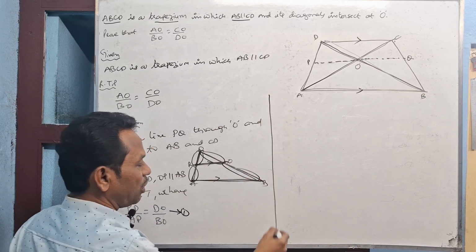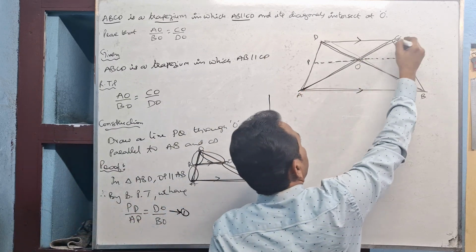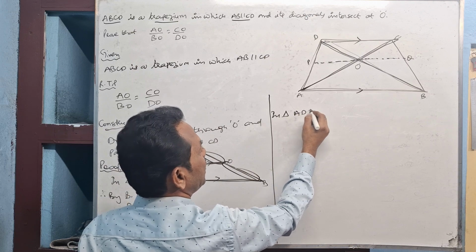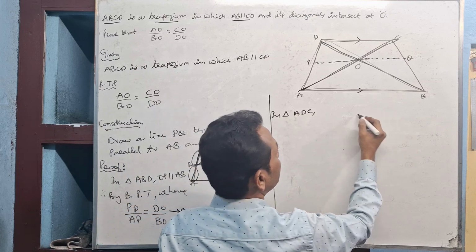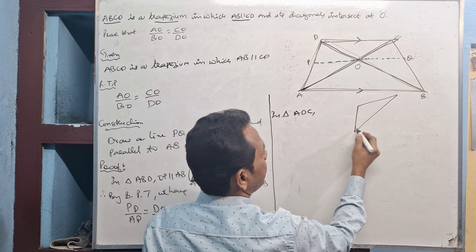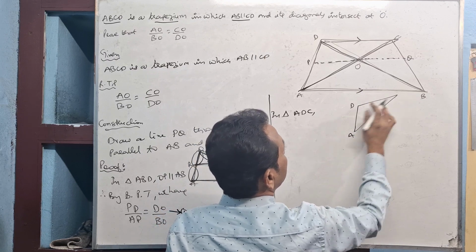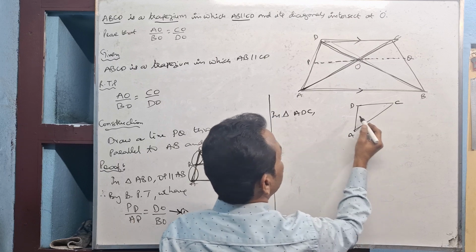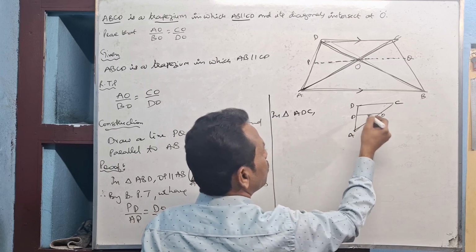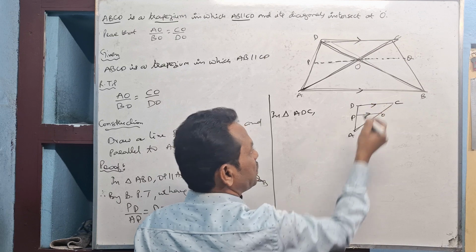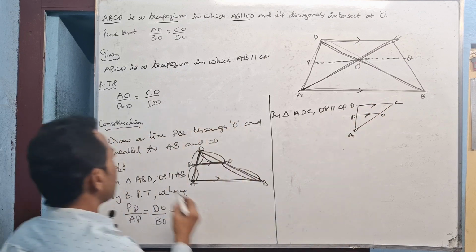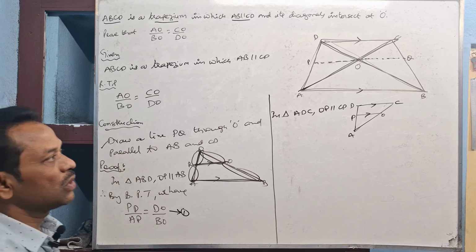In the next step, I'll take the triangle ADC. Triangle ADC is something like this: this is A, this is D, this is C. Here OP is parallel to CD, according to the construction.